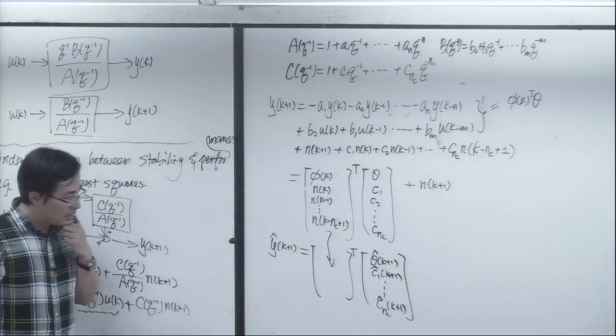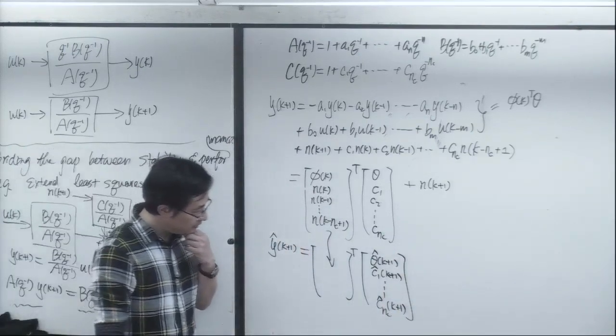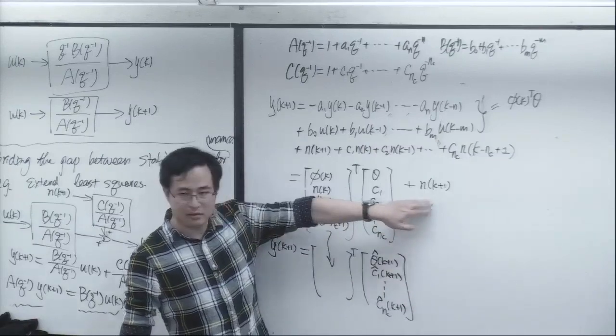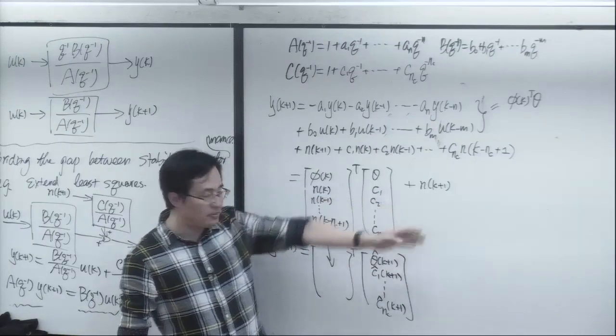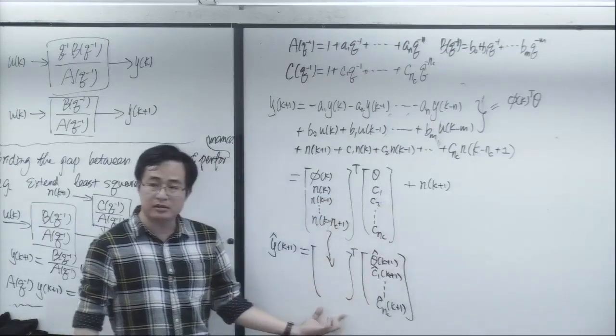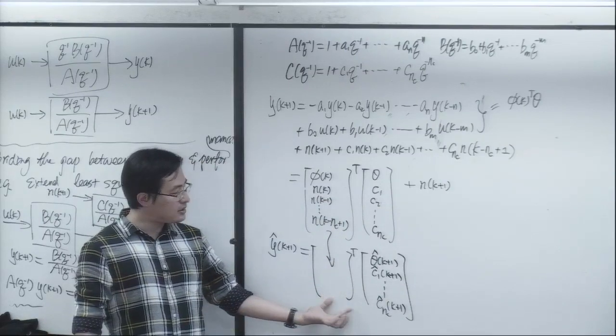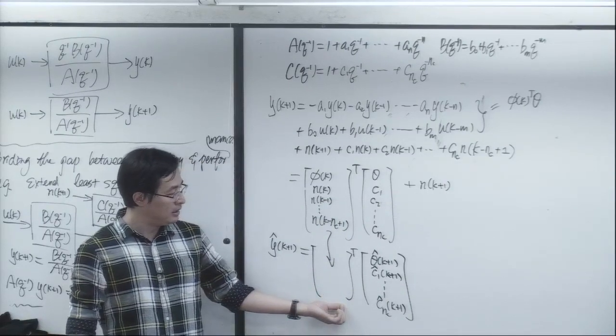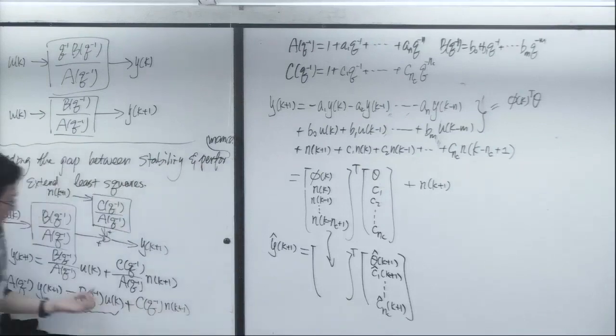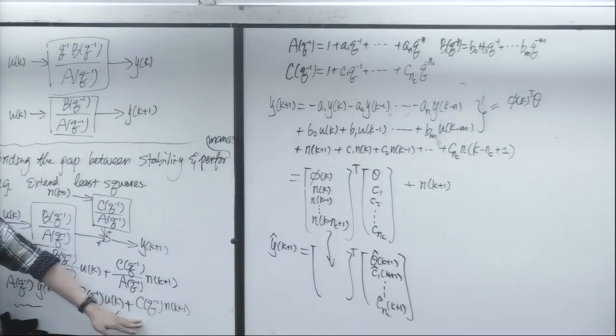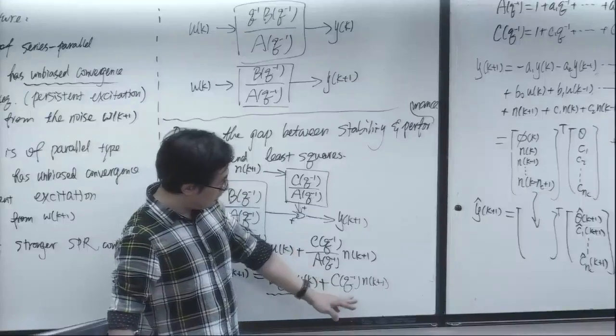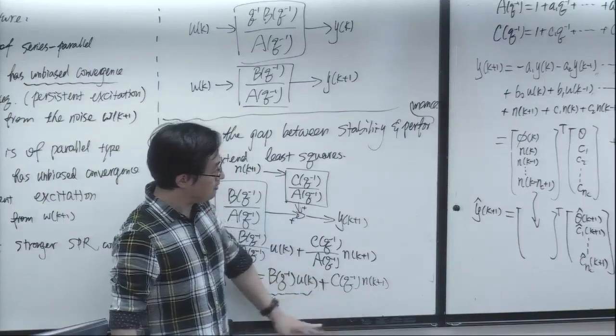All right? There's not much of a way that I can get a good estimate of a white noise. So the best way to do is reasonably just to do this. So that's the first intuition, to do this extended least squares by including these additional noise dynamics.